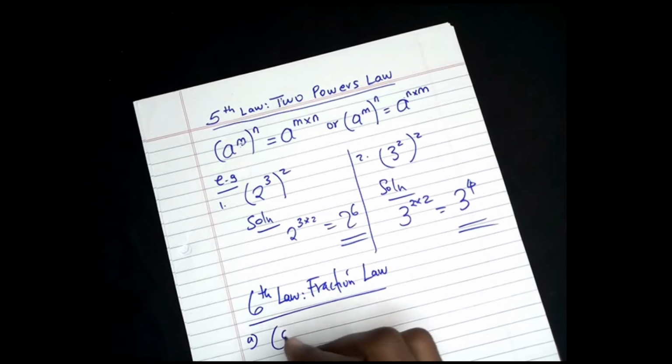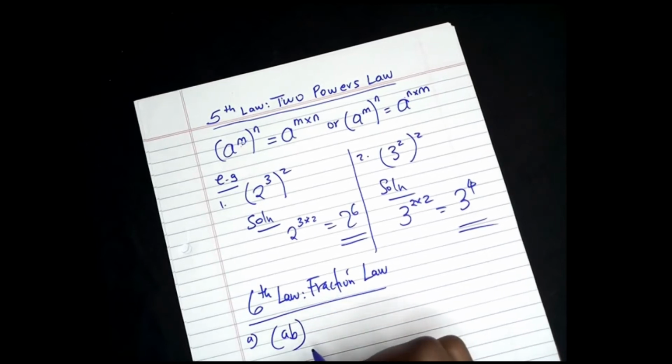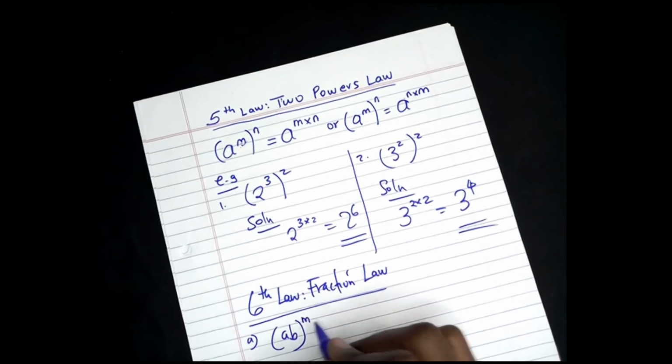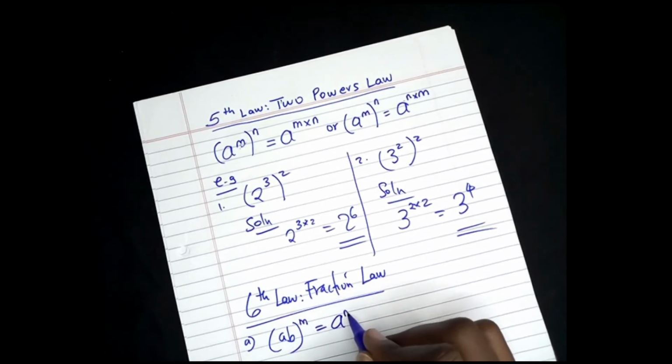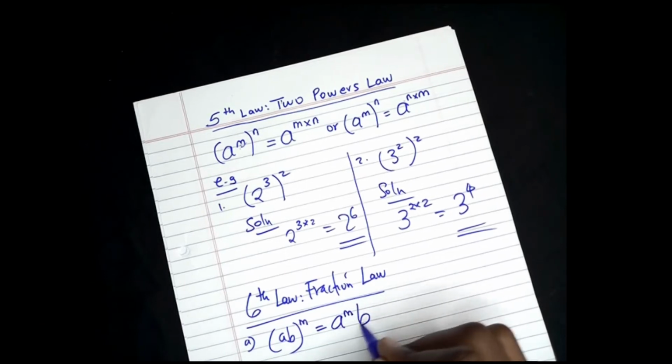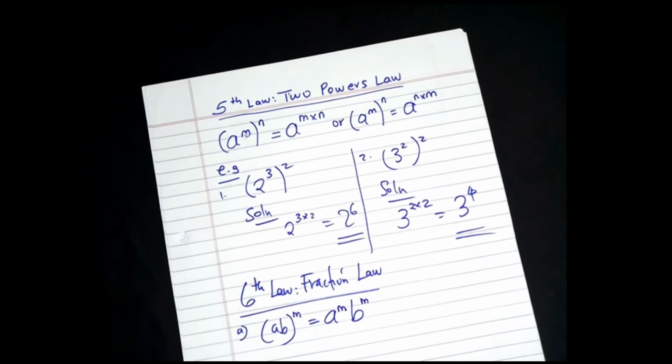We shall start by looking at the first one. If we have a number a, b, power m, it can be represented as a to power m times b to power m.